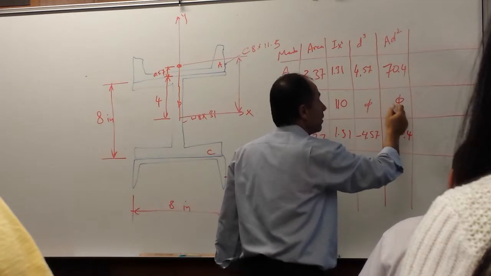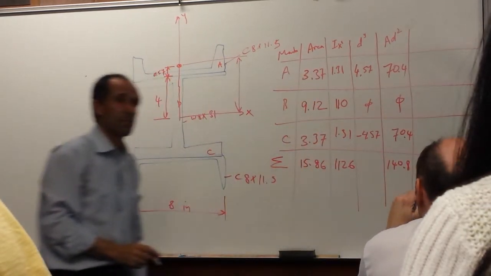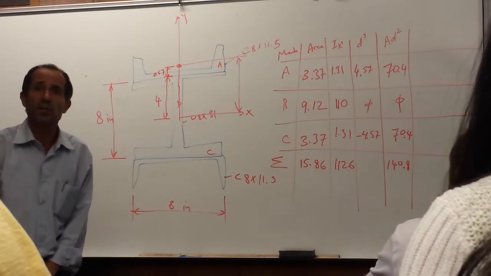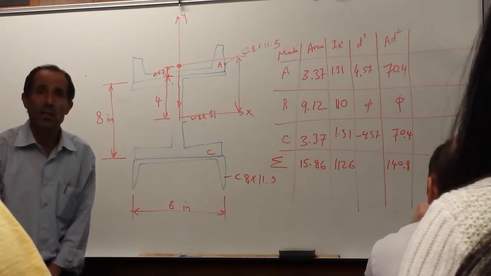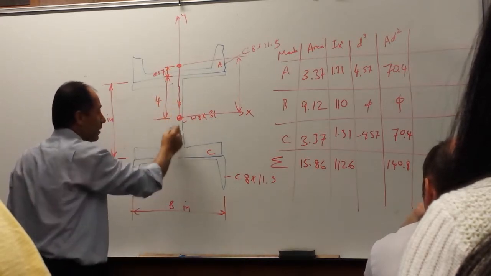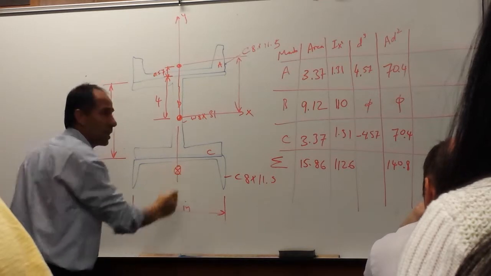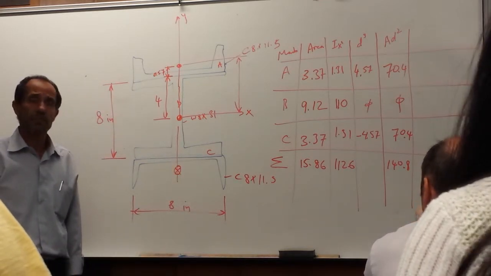This is still 0. 140.8 is the total. What are the distances on X? 0. Zeros. Here is the center of gravity, the line goes through the center of gravity. Correct? Agree, everybody?